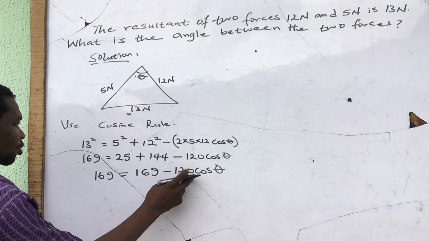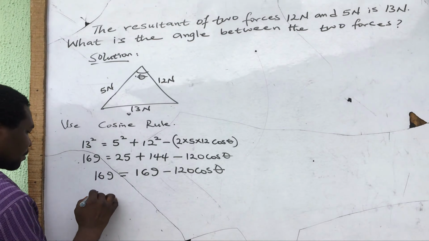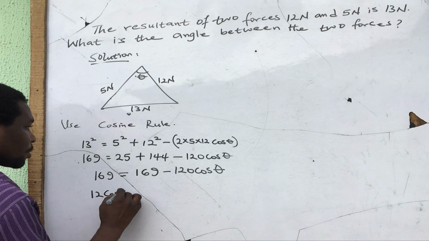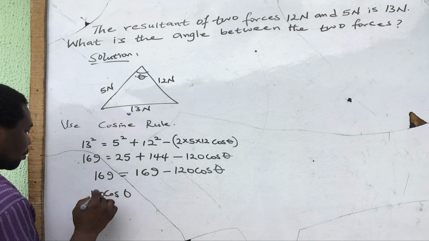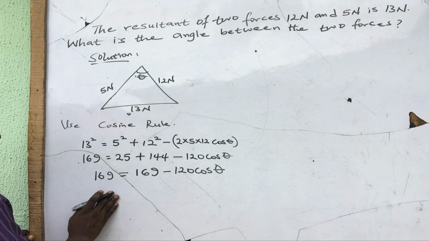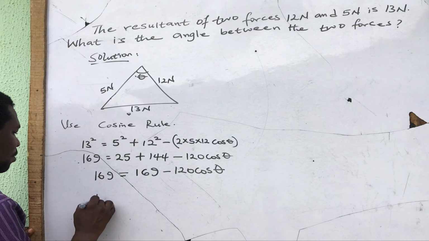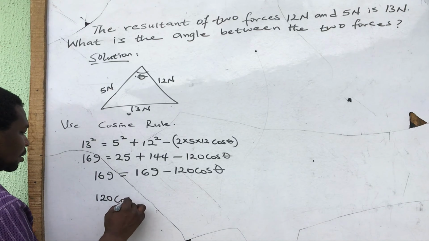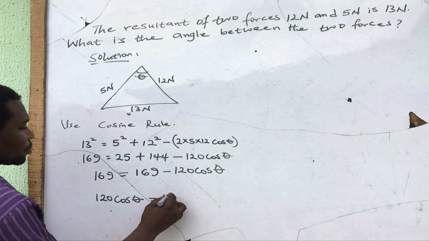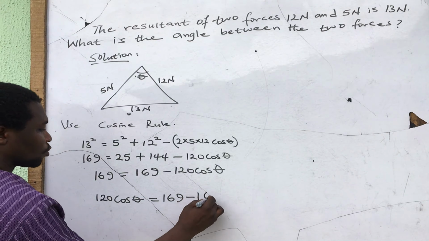So therefore, you have 120 cos theta equals 169 minus 169.